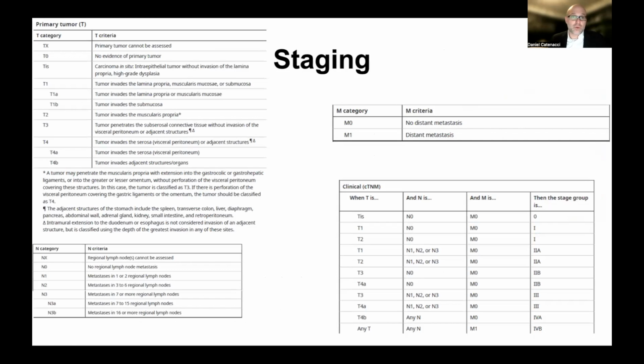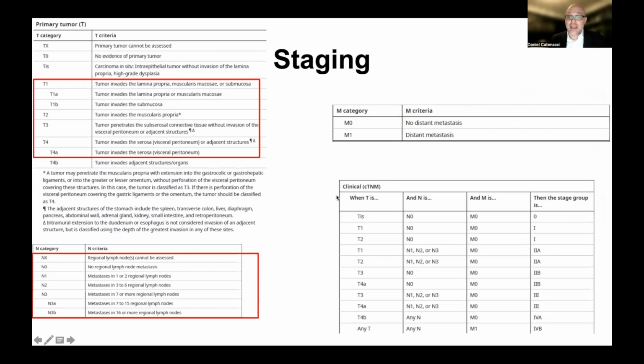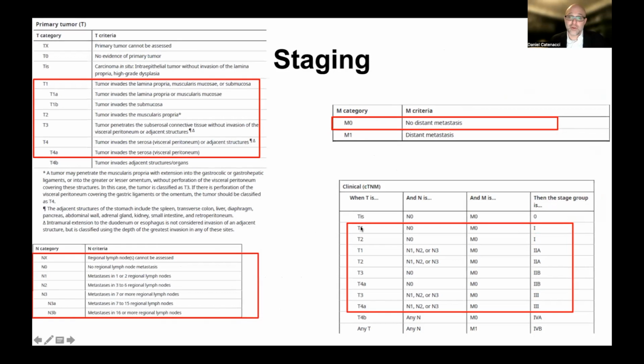So again, when we're talking about the stages here, we're talking about more advanced T stages, more advanced nodal stages, and at the same time, not metastatic classically. And so again, on the table, that's referring to stage 1 to stage 3 cancers.